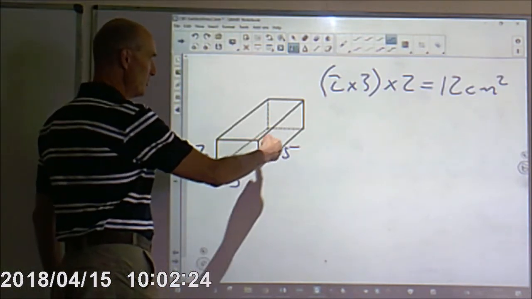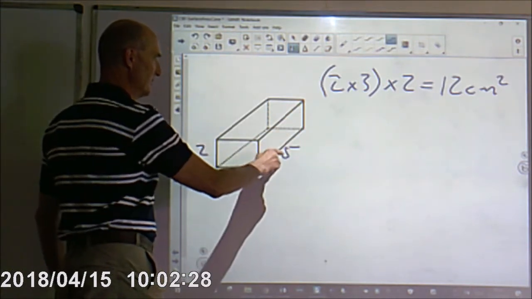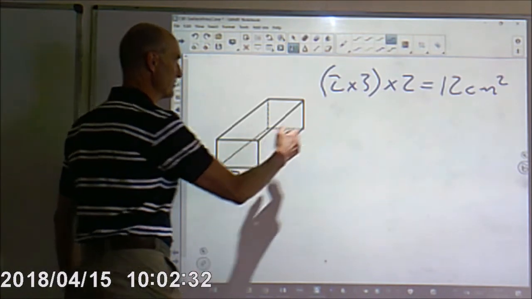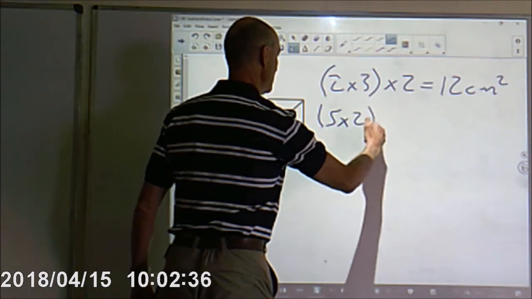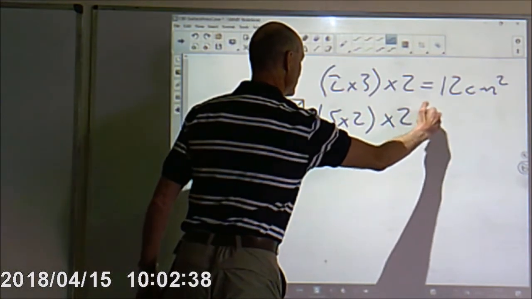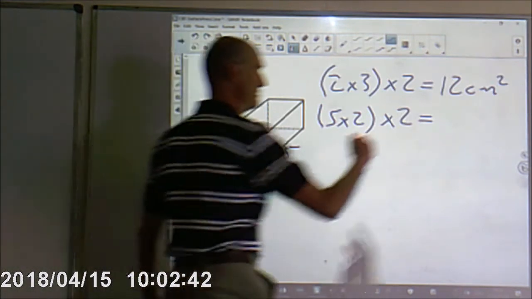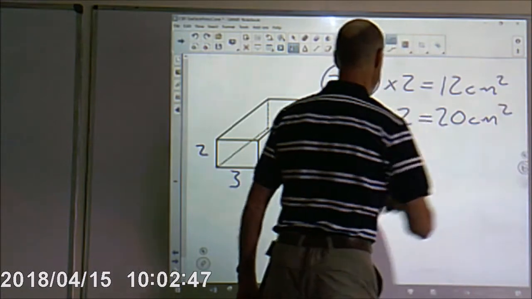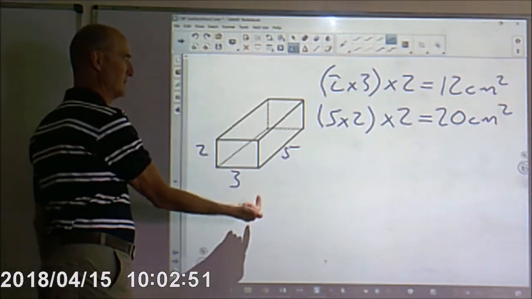We did the 2 sides, so these long sides here, it's 5 centimetres by 2 centimetres, so it's 5 times 2. But again, we've got 2 of them. 5 times 2 is 10. 2 times 10 is 20 centimetres squared. And then finally, we've got the roof and we've got the floor.